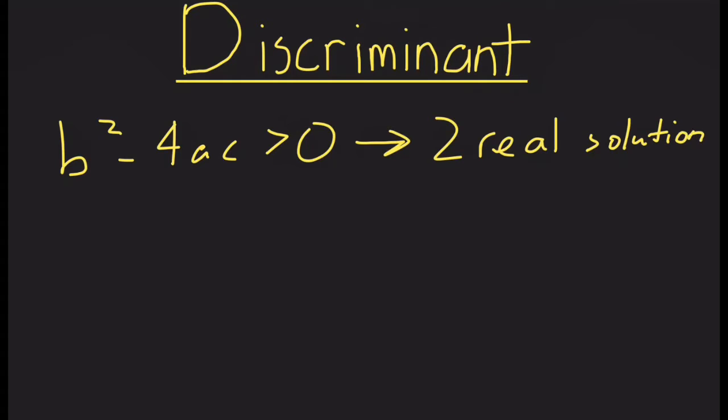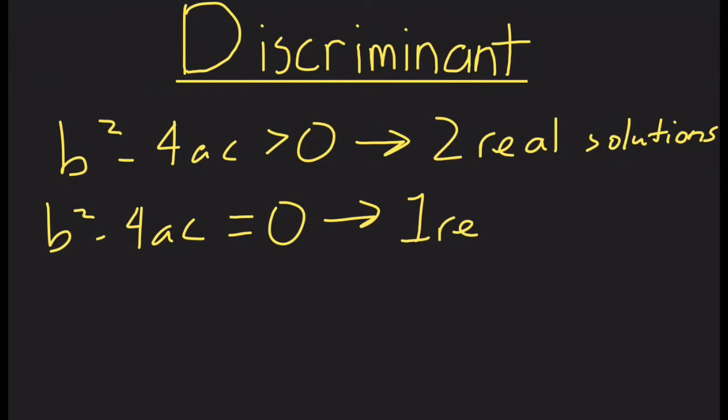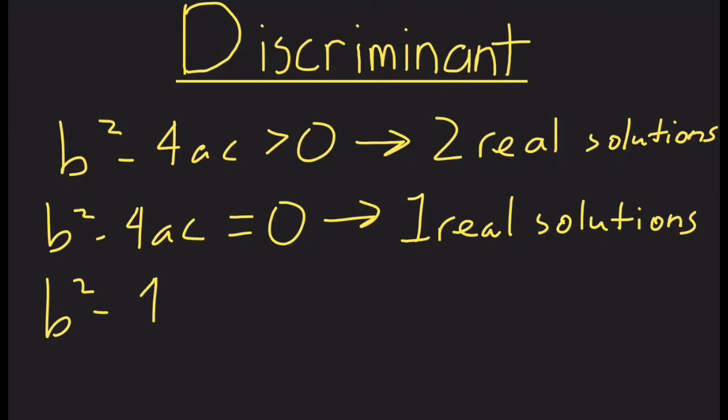And if b squared minus 4ac equals 0, then there is one real solution. But if b squared minus 4ac is less than 0, then there are no real solutions.